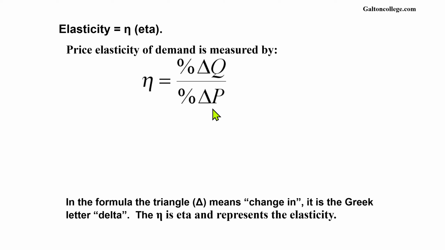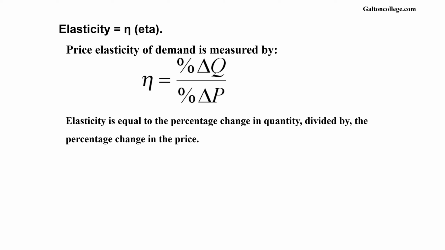So if a good's price changes, the quantity demanded will change, and we work out the percentage change in one divided by the percentage change in the price, and that's it. So that's just stating what I've just said, so just make a note of that one.